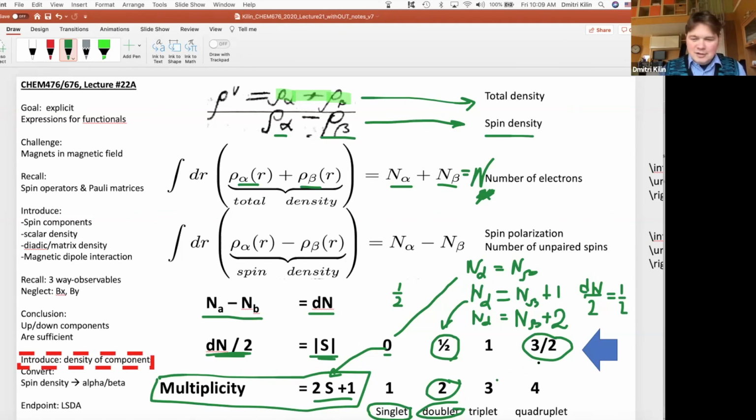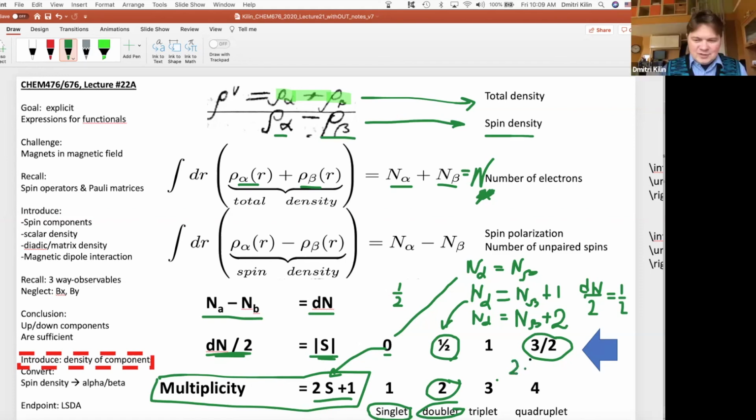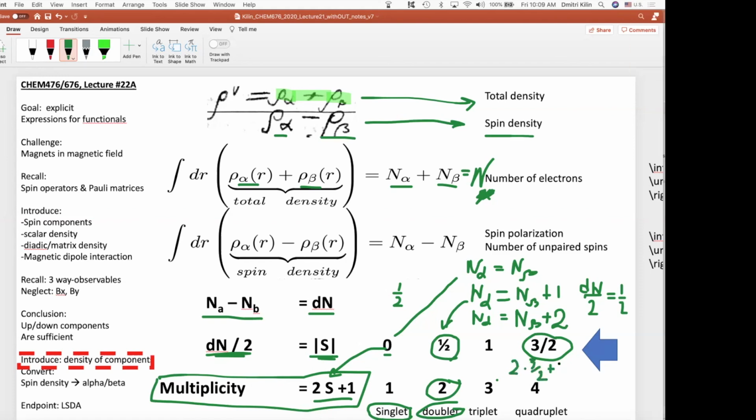Lina, would you please plug 3 halves into 2s plus 1? So 2 times 3 halves, plus 1. So we have now 4, and it's a quadruplet, which means we have 4 orientations.